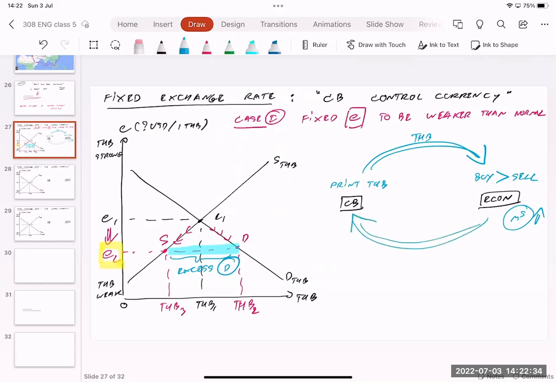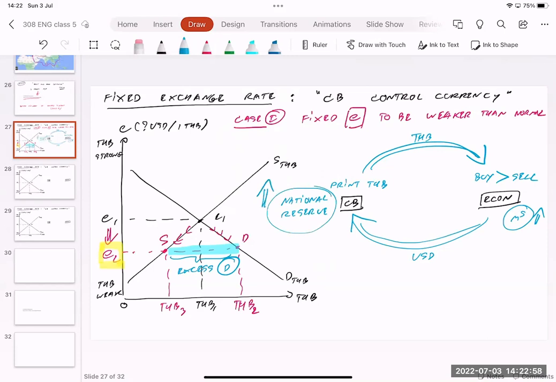When the people in the economy buy Thai baht, they pay in foreign currency like US dollars. So normally the central bank keeps the foreign currency like US dollars in what we call the national reserve. By doing this, the national reserve is going to be increasing.